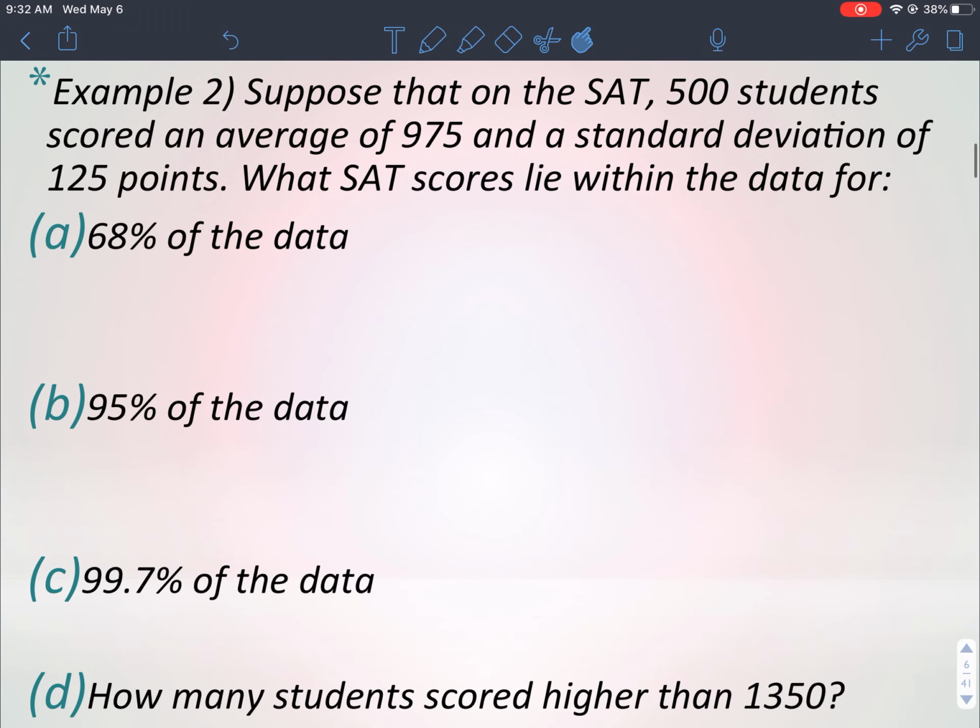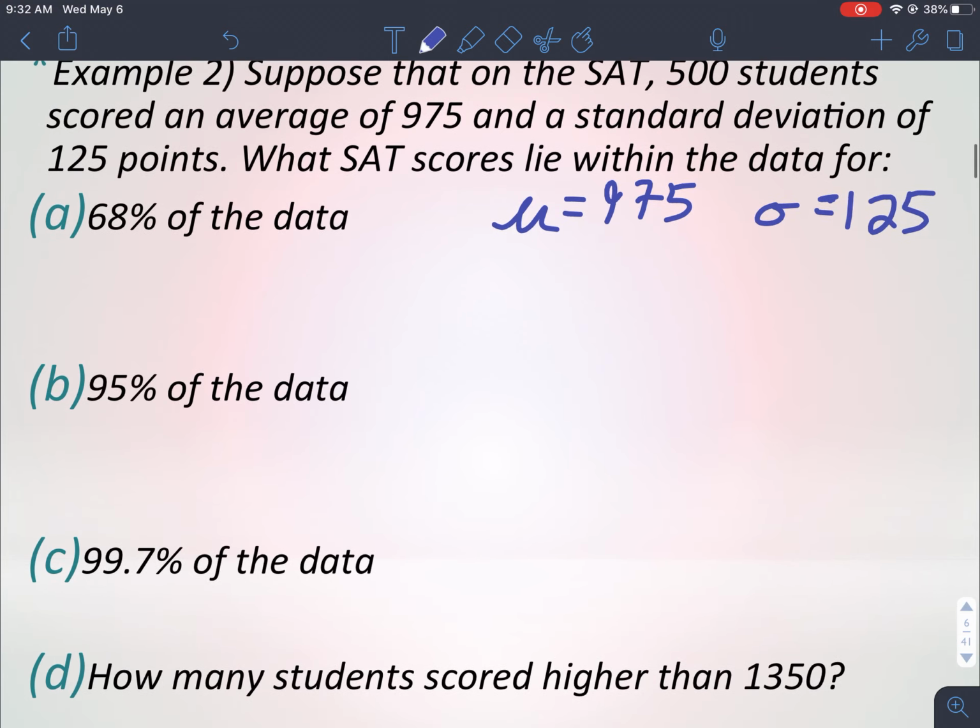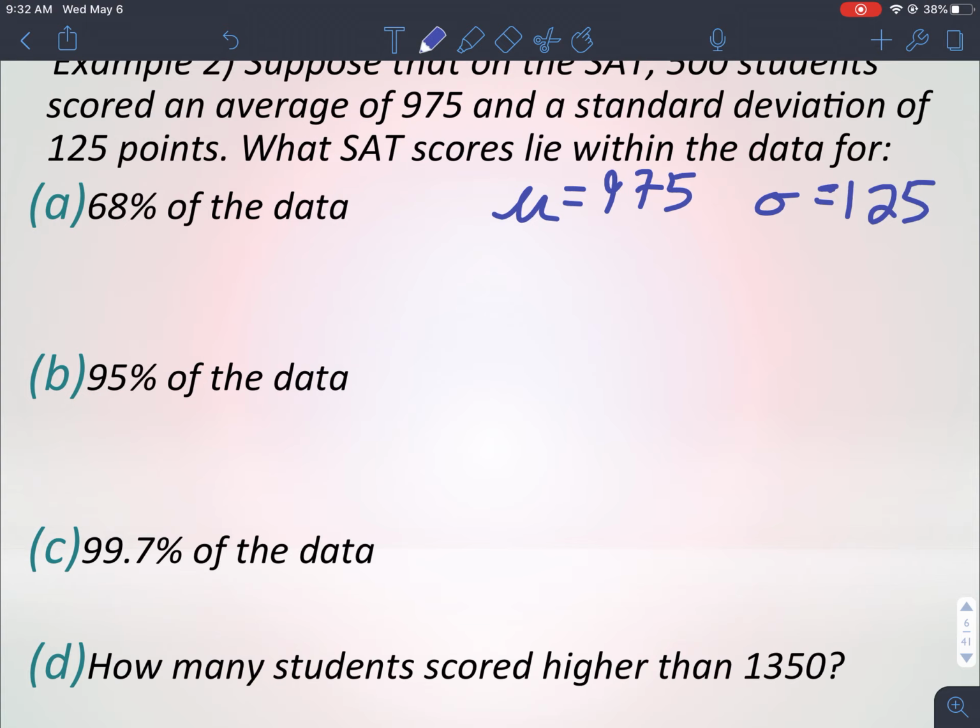Suppose that on the SAT, 500 students scored an average of 975 with a standard deviation of 125. So let's assume this is a population, and we'll write mean 975, standard deviation 125. What scores lie within the data for 68% of it?